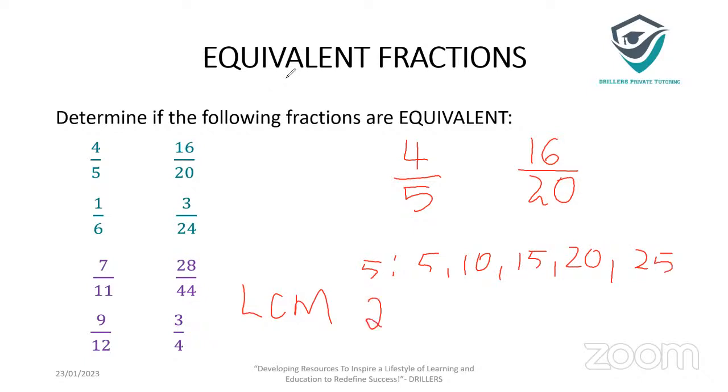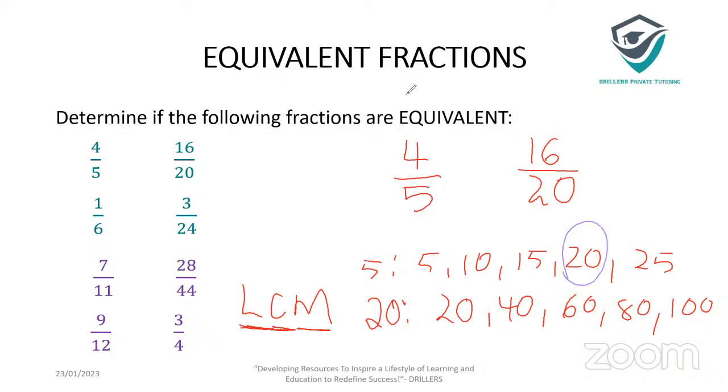Some multiples of 20 are 20, 40, 60, 80, 100. Looking at the two lists, we look for the smallest number that is common, the lowest common multiple of both 5 and 20. You would see that 20 is the common multiple for 5 and 20.